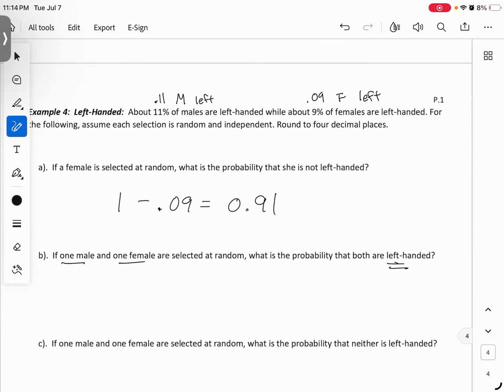So all it really is that they want you to multiply both of those two together. A left-handed male followed by a left-handed female. So 0.11 times 0.09. You'll get 0.099.